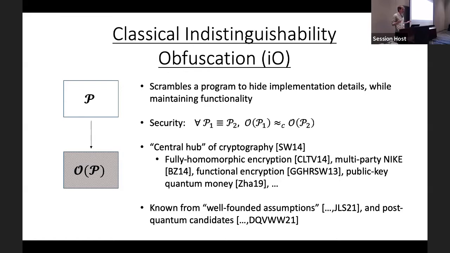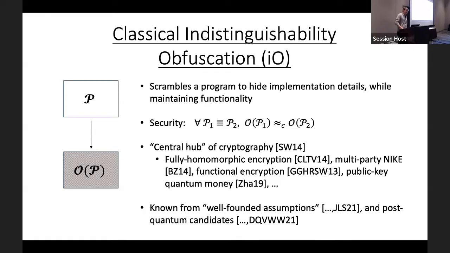And today, after a decade of work, we have a construction of obfuscation from well-understood assumptions. Unfortunately, this includes an assumption on bilinear maps, which is not post-quantum secure. So we also have another line of work, still actively ongoing, constructing candidates for post-quantum indistinguishability obfuscation. So both on the application side and the construction side, the last decade has seen a huge amount of work going into this notion of indistinguishability obfuscation.